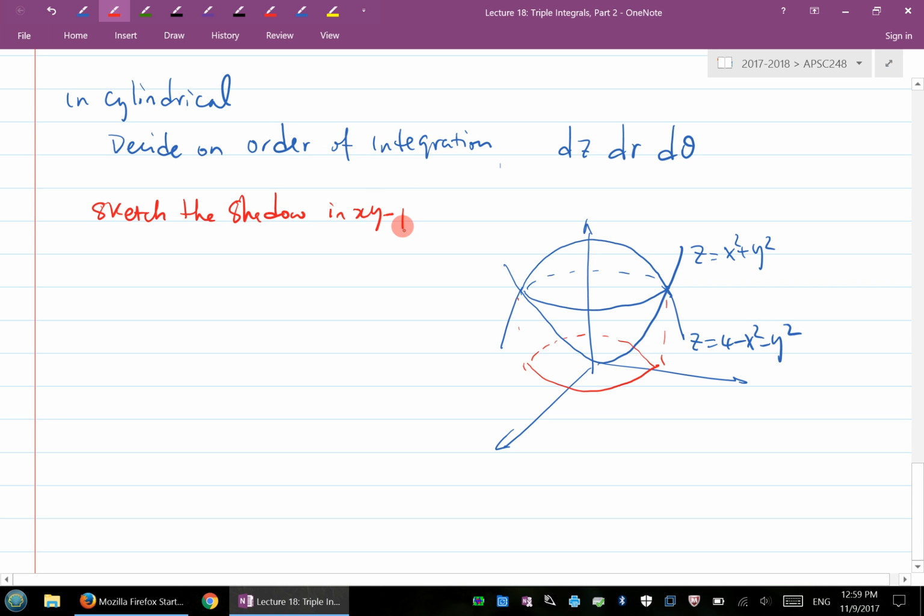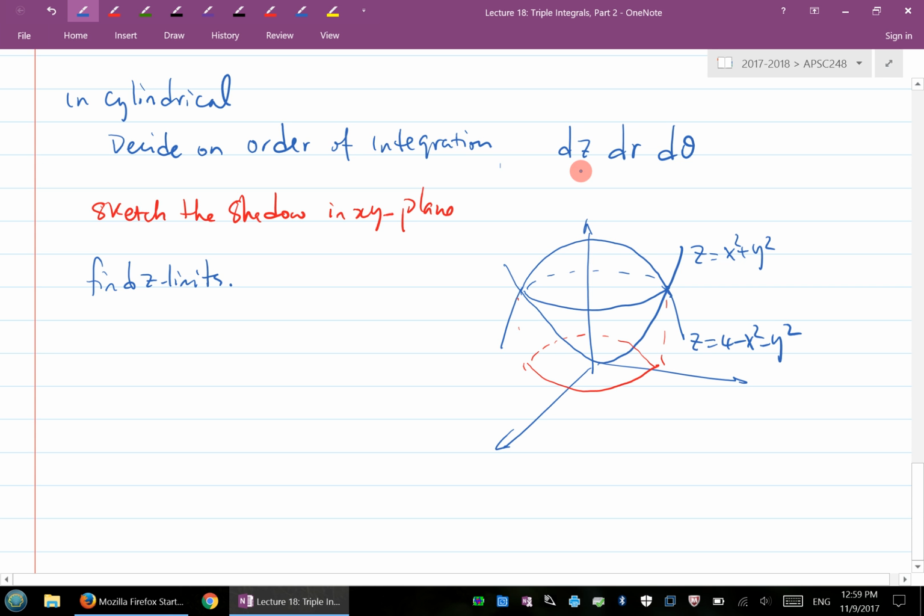It's still in the xy plane, because r and theta are still determined by the xy plane. Once you finish sketching the shadow, we can start to find the z limits, because z is the first variable we're integrating with.